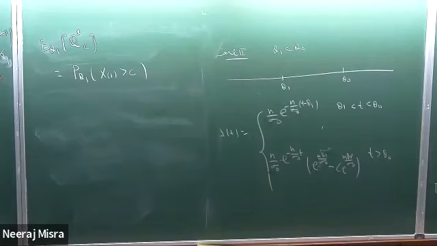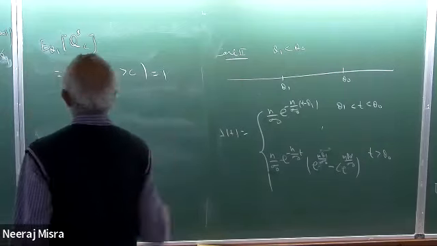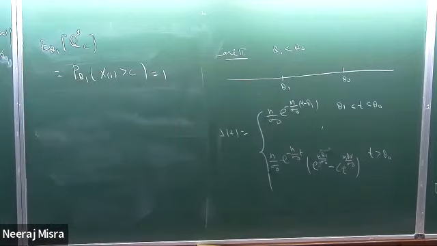So C is less than theta 1. What will be this quantity? It would be 1. What is the power of this test? No, this is coming out to be more than 1. There is some issue. Yeah, it is 1. This is also 1, right? So whatever C you take, as long as C is less than theta 1, your power is 1, so this is also a uniformly most powerful test.